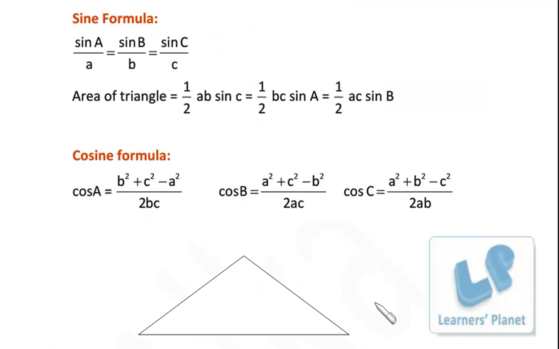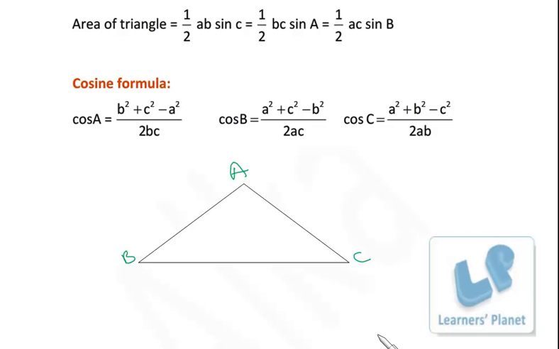Now here some very important relationships we are going to discuss. Sine formula and cosine formula. I have a triangle A, B, C. Now the side opposite to angle A is length A, side opposite to angle B is B, and side opposite to angle C is C. Now we have sine formula.